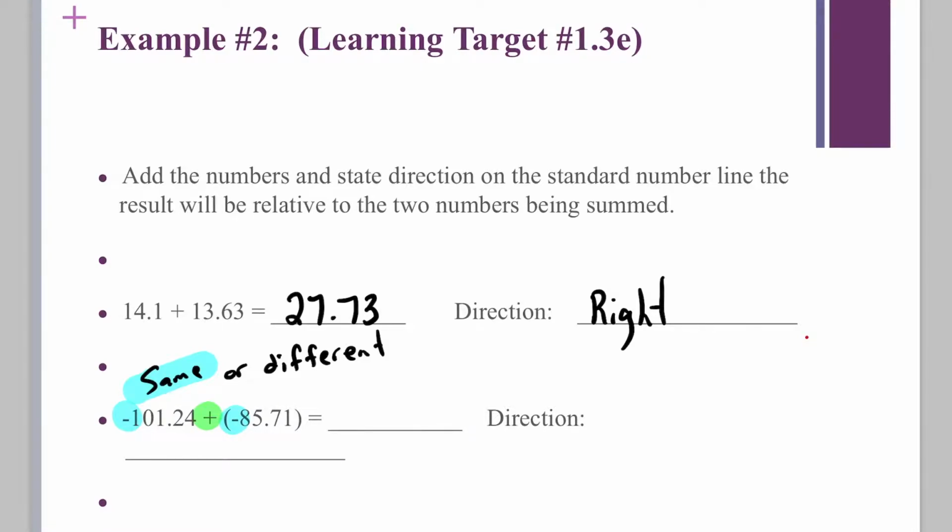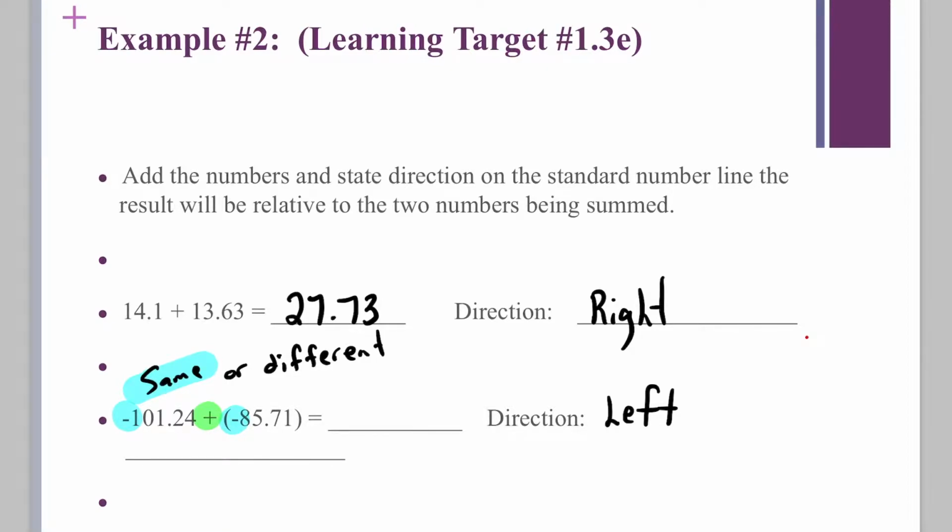In this case, we have two negative numbers being added. When we add two negative numbers, we know that the result will move to the left on the standard number line.